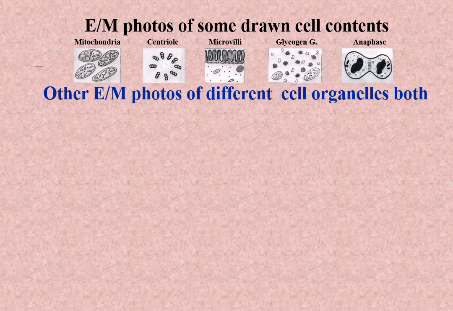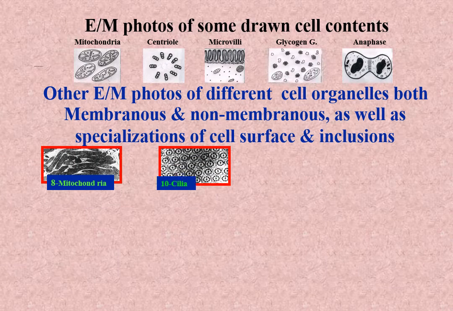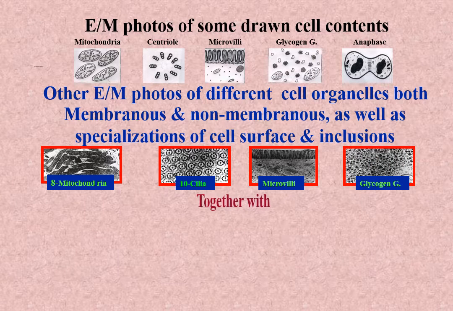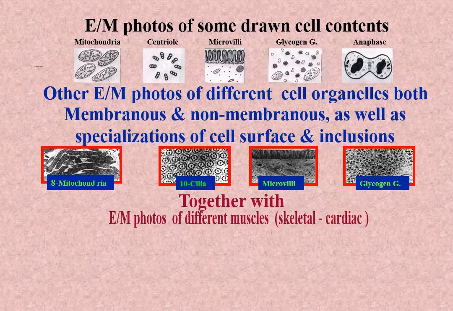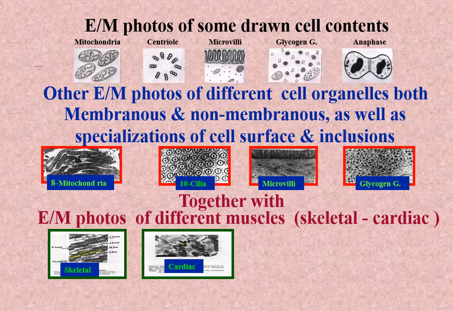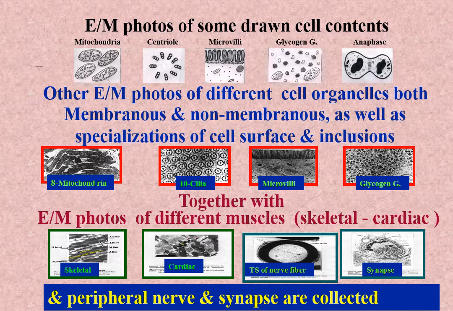Other electron micrograph photos of different cell organelles, both membranous and non-membranous, as well as specializations of the cell surface and inclusions, together with electron micrograph photos of different muscles, skeletal, cardiac, and the peripheral nerve and synapse, are collected from the net site www.google.com.